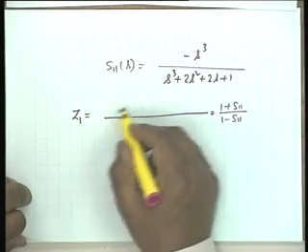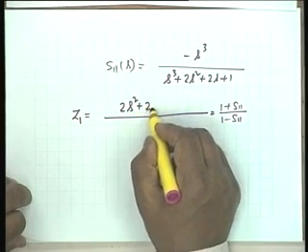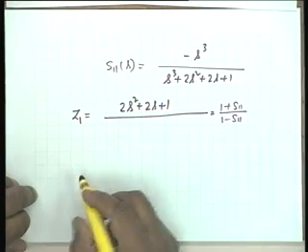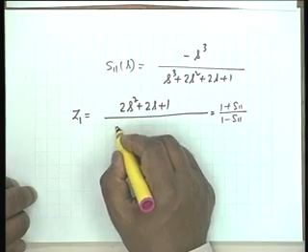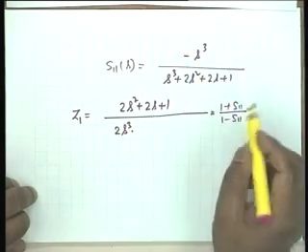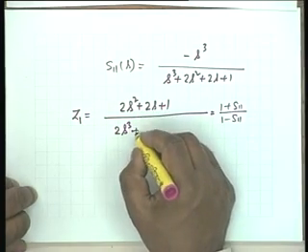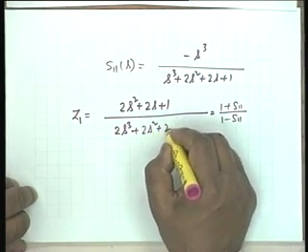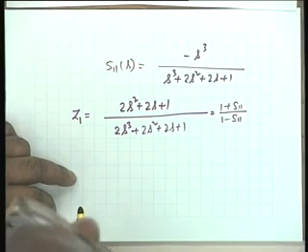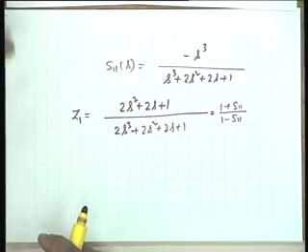So it would be equal to, yes, 2s squared plus 2s plus 1 divided by 2s cubed, this plus this minus this. So it would be 2s cubed plus 2s squared plus 2s plus 1. Don't you see that this function is exactly the reciprocal of the previous function? Isn't that right? It's exactly the reciprocal.